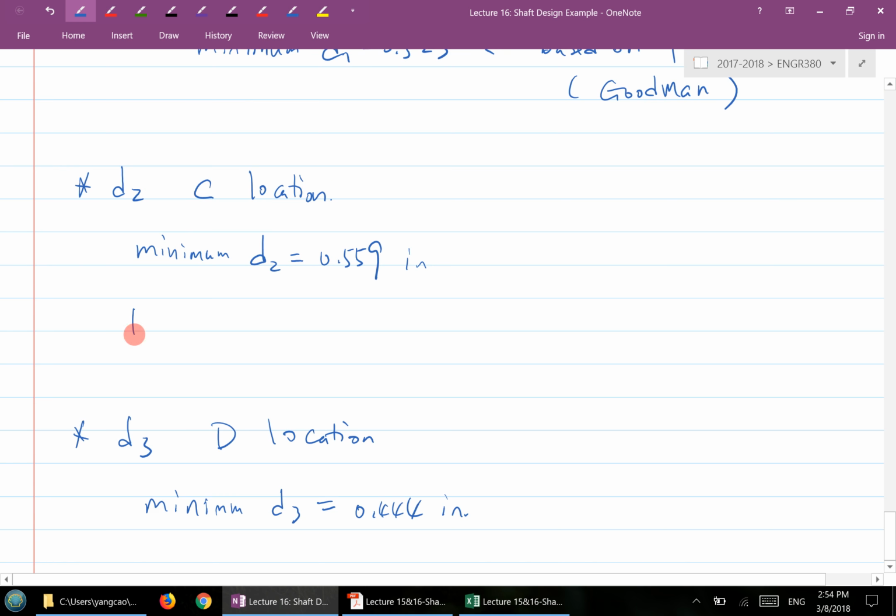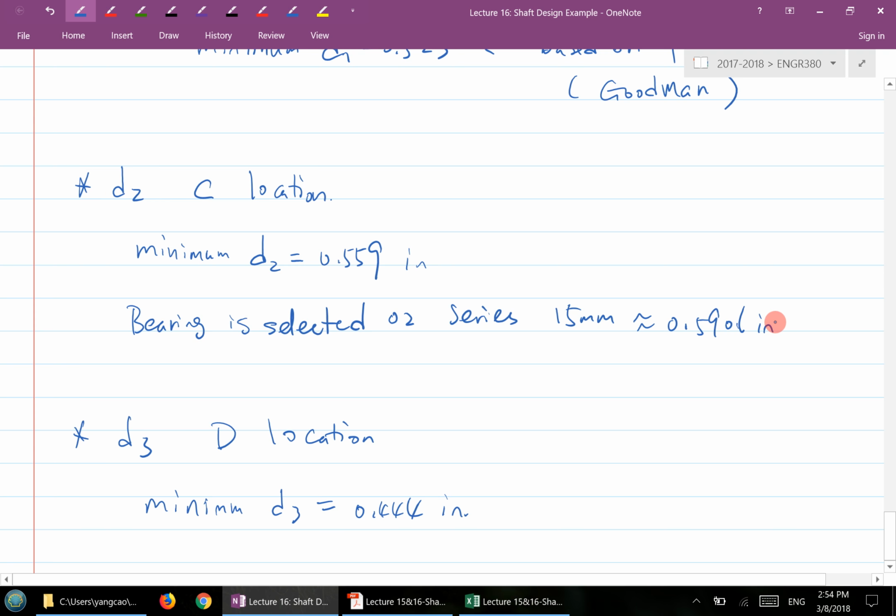We'll have more bearing selection details, but let's say you selected a so-called 02 series bearing that has 15 millimeter, which is approximately 0.5906 inch.